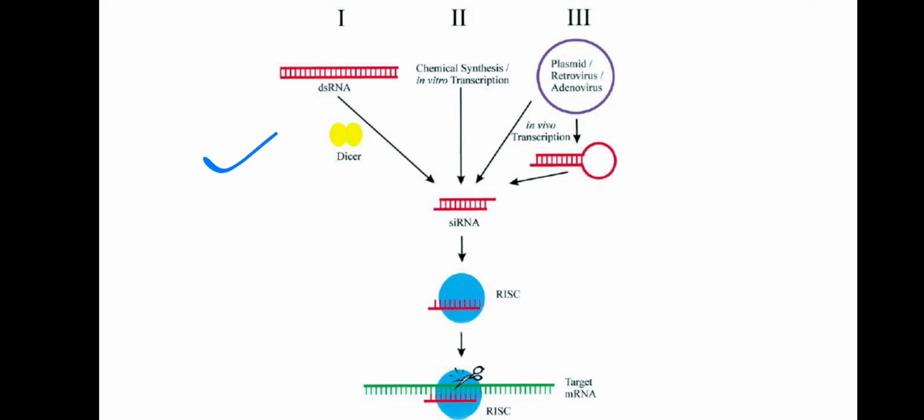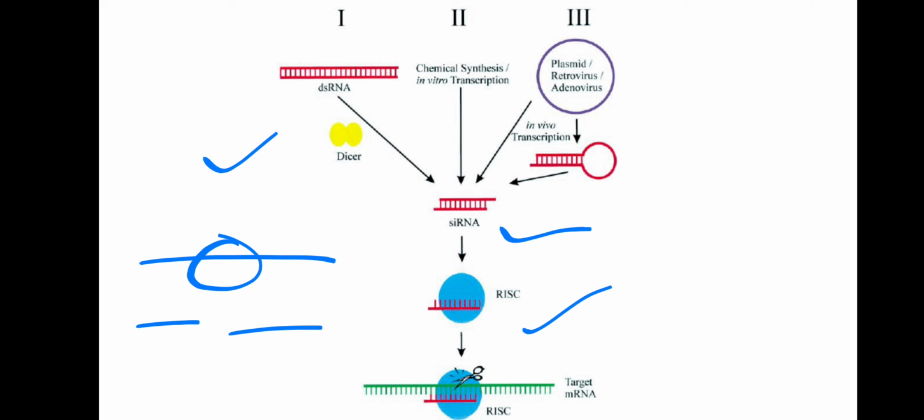You can see here dsRNA, double-stranded RNA. Double-stranded RNA binds with RNA complementary to the target mRNA, and ultimately develops siRNA, small interfering RNA, and then the RISC, RNA-induced silencing complex, which promotes clipping of a particular phosphodiester bond between two nucleotides, so the target is cut into different pieces.